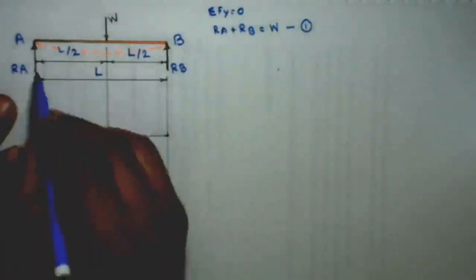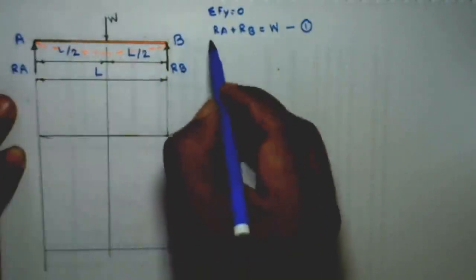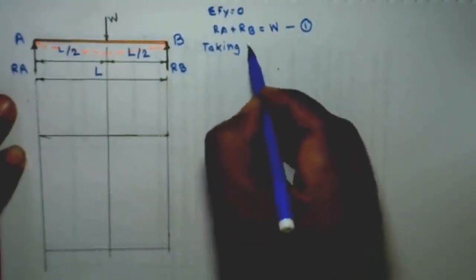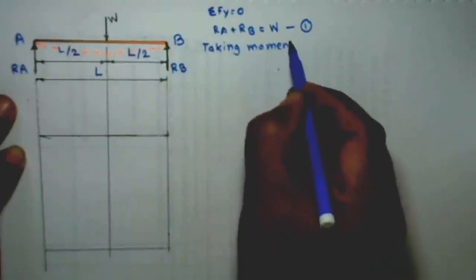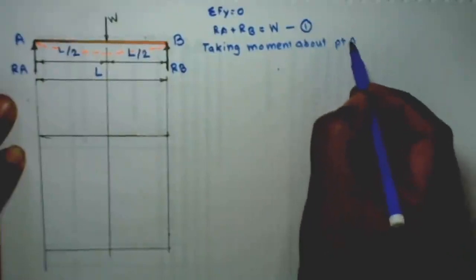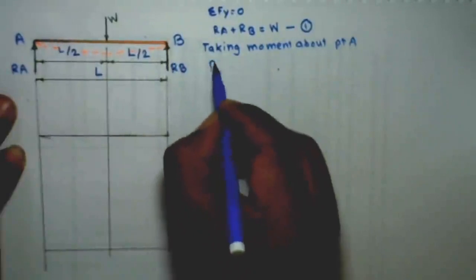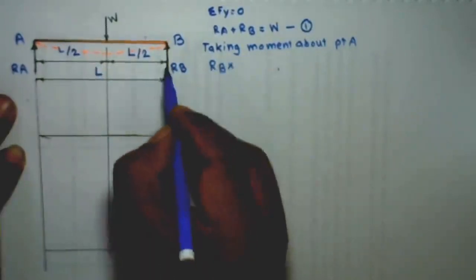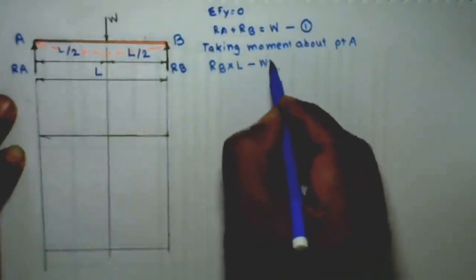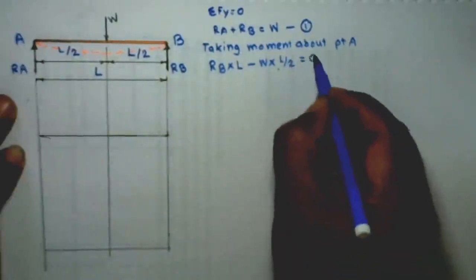To calculate the reactions Ra and Rb, you may take the moments about point A or you may take the moments about point B. In this case, I am taking the moments about point A. Taking moment about point A, we will go from right to left. Rb is going in the upward side, so Rb into its distance up to point A, which is L, minus W acting in the downward side, W into its distance up to point A, that is L by 2, is equal to 0.